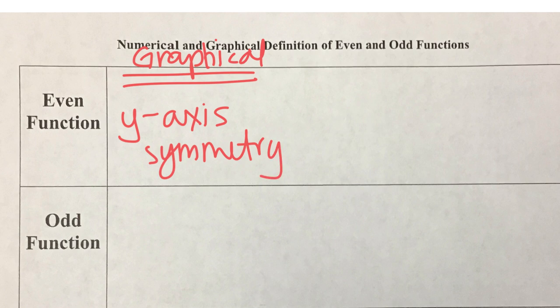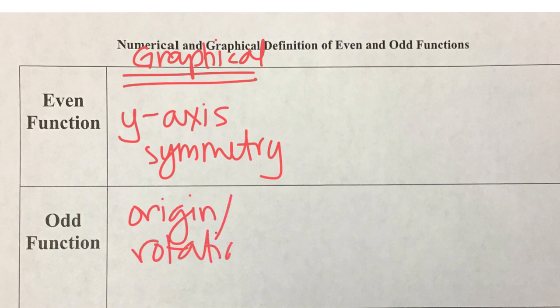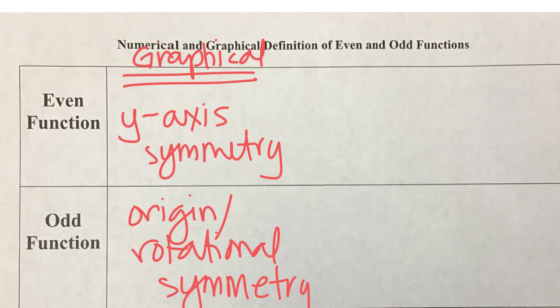You can fold it right down the y-axis, and you're going to have the same on the left side and the right side. Where an odd function had origin or rotational symmetry. You can use either words, origin or rotational symmetry, when describing the odd functions' type of symmetry. So that's how we can notice which one is which graphically. You look at it: does the y-axis split it into two? Or can you spin it 180 degrees? It's always a 180-degree rotation in order to have rotational symmetry.